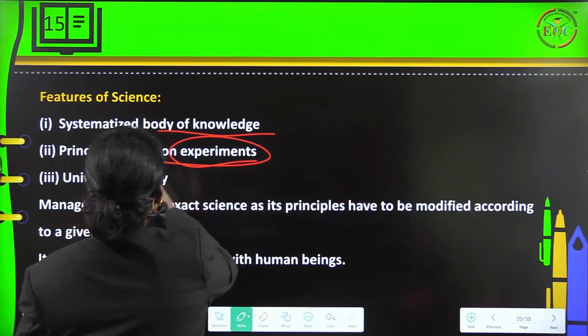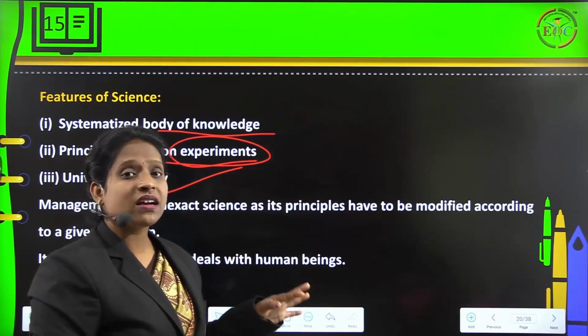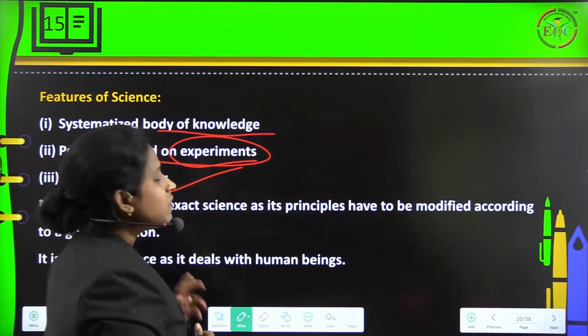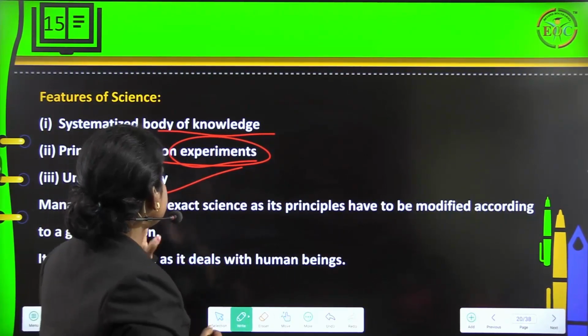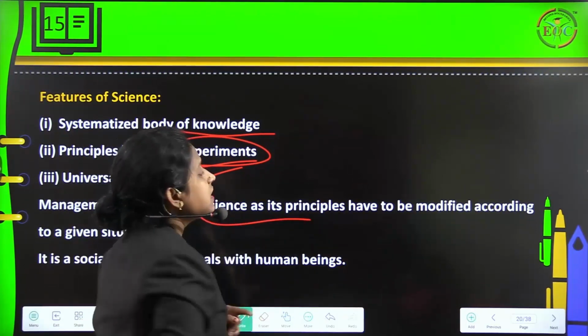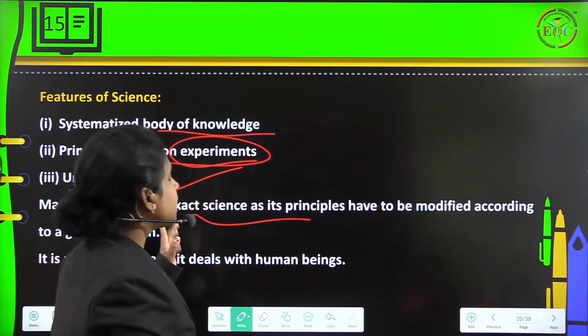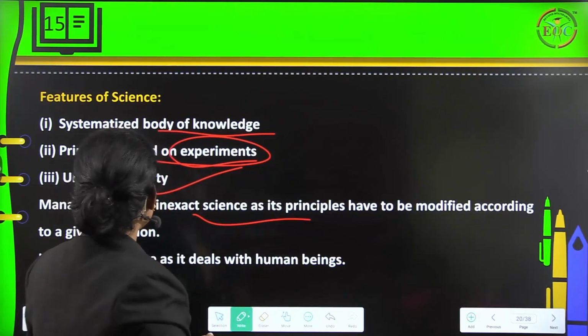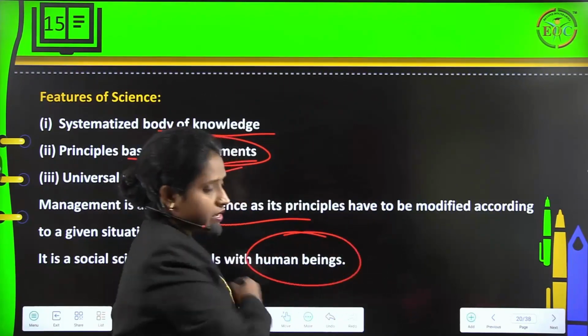And next, universal validity. Whatever you apply is universally accepted. Therefore, management is an inexact science as its principles have to be modified according to a given situation. Then it is a social science as it also deals with human beings.